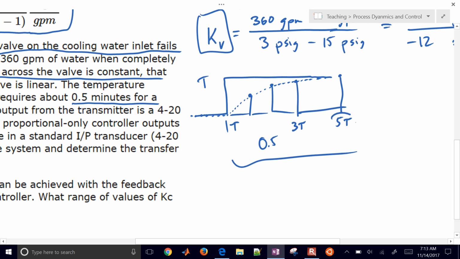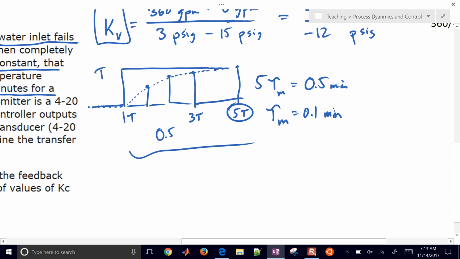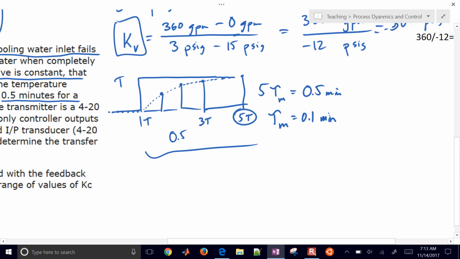I'm going to use the 5 tau there, so 5 tau of my measurement is going to be 0.5 minutes. So tau of measurement equals about 0.1 minute. You could also use the 3 tau there if you wanted to. So there's my time constant for my measurement device.